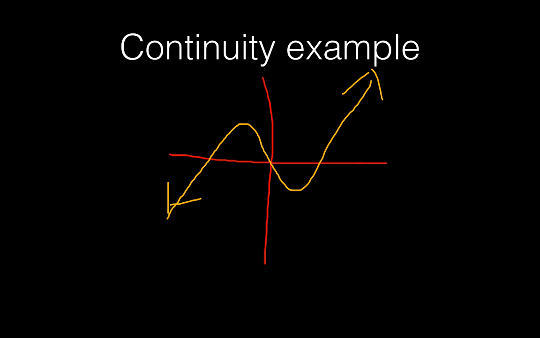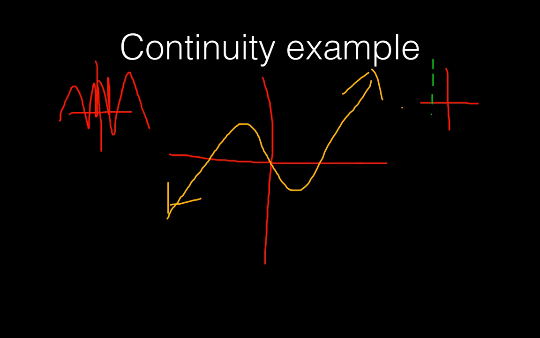Also, it is not oscillating, such as a function like this, where it oscillates too many times back and forth to determine the limit. And with an asymptote, say the asymptote is at this c value, we don't have a function that goes to positive or negative infinity in either direction. So this function is continuous.